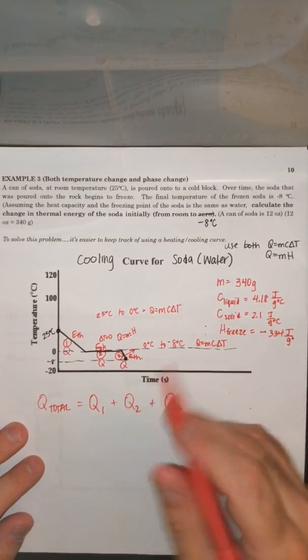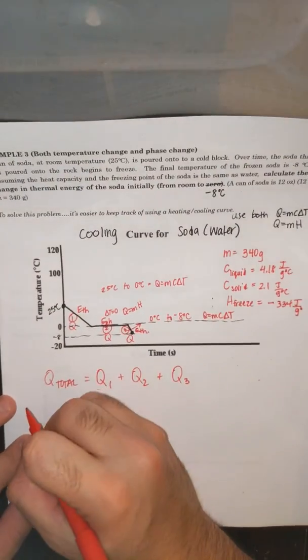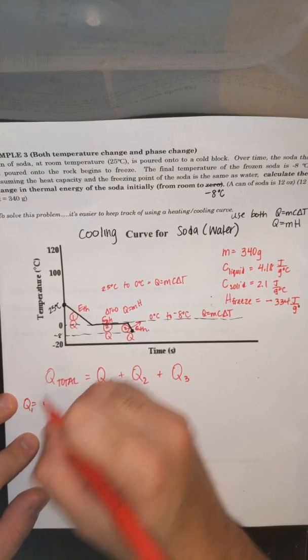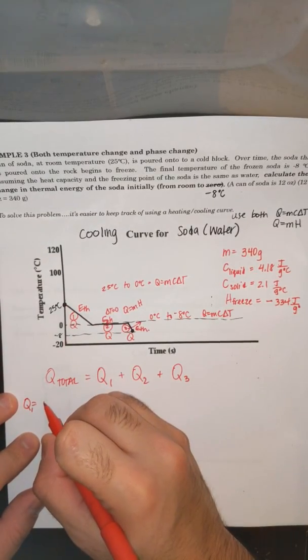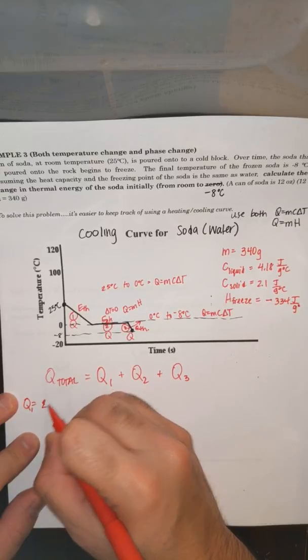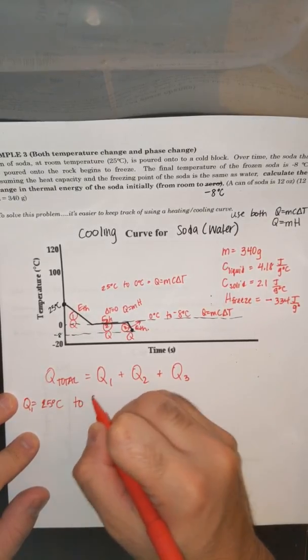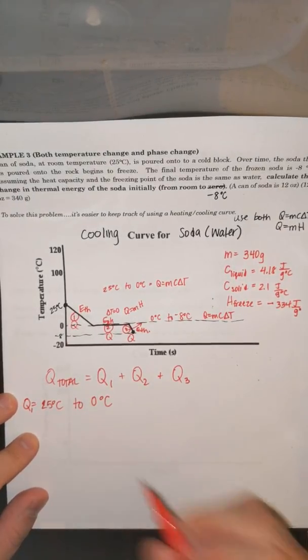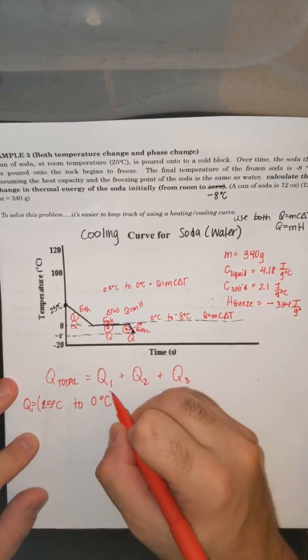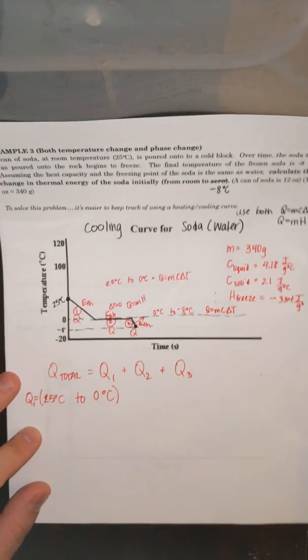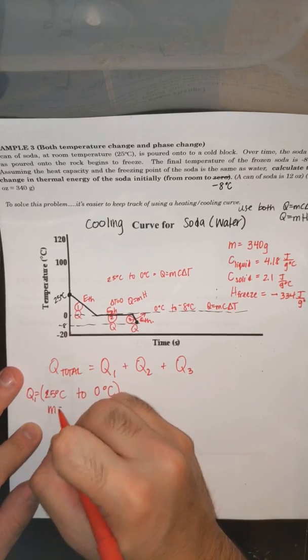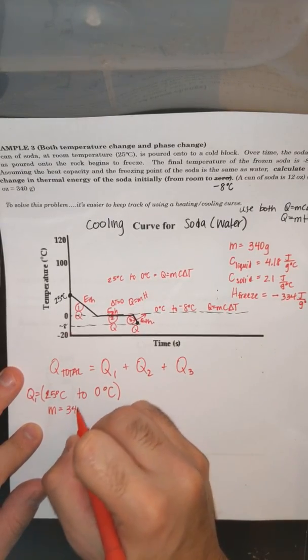All right, so let's calculate Q1, which is going from 25 degrees Celsius to 0 degrees Celsius. For this calculation, my m is 340 grams.